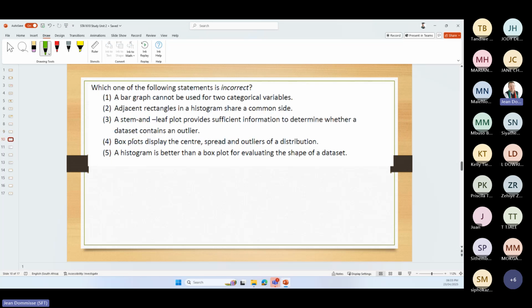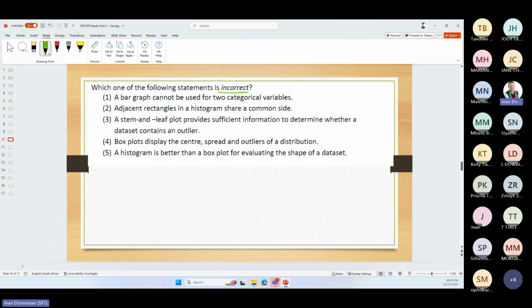And now, like I said last week as well, I am going to throw in a few questions that are theory based, because I have seen that they do that in both assignments and in exams as well. So which one of the following statements is, again, incorrect?